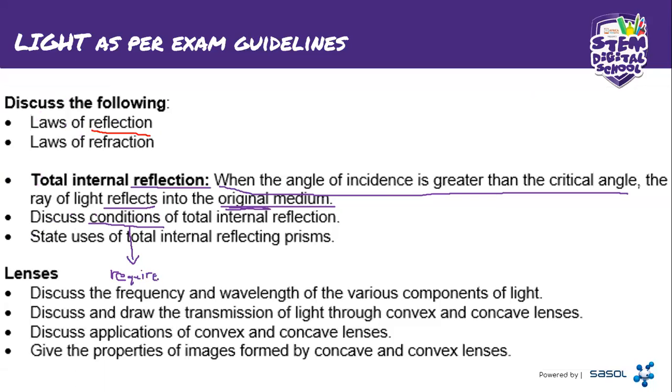So there we are required to discuss the conditions of total internal reflection. You have to know the conditions, and you remember that it is two of those particular conditions, and I hope that you remember them.